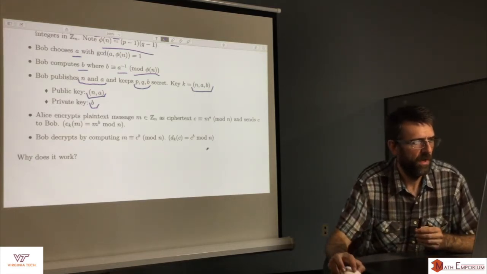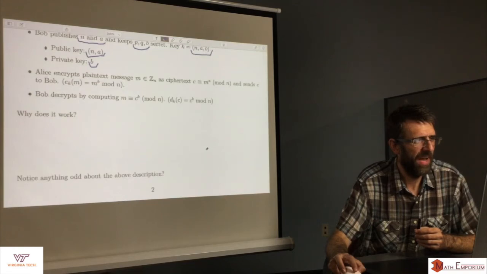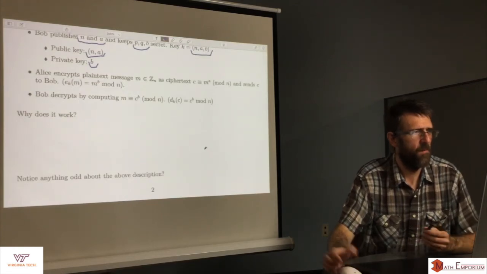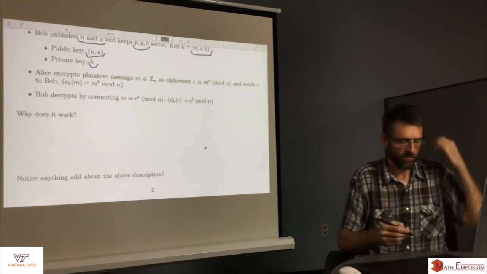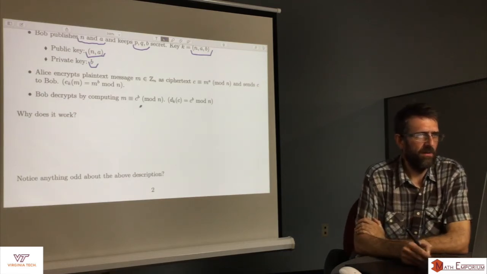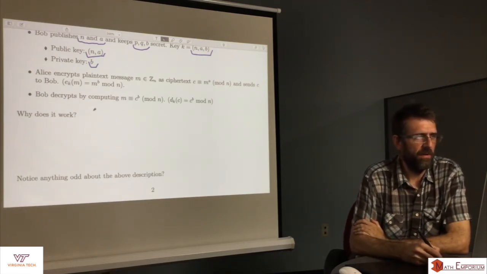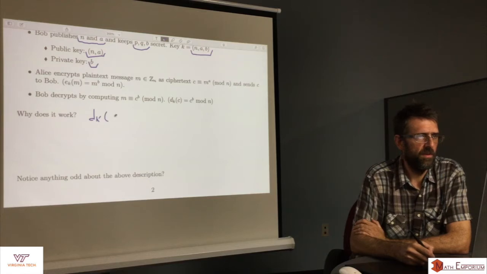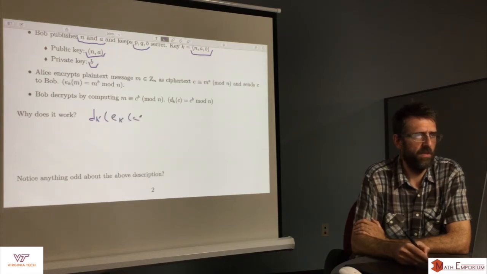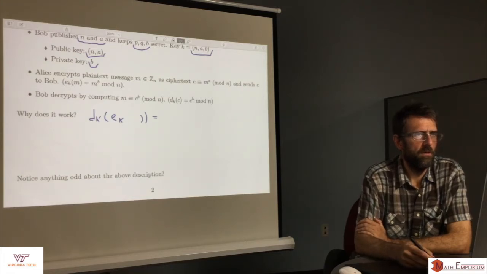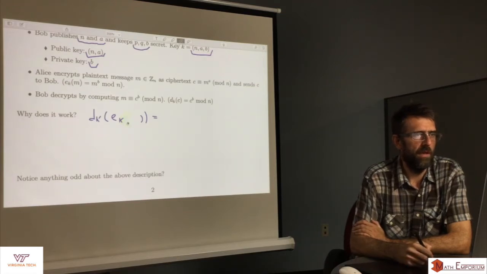All right, so why does this work? Well, we need to verify this property, that decryption of encryption with the same key is actually going to give me the original message back.